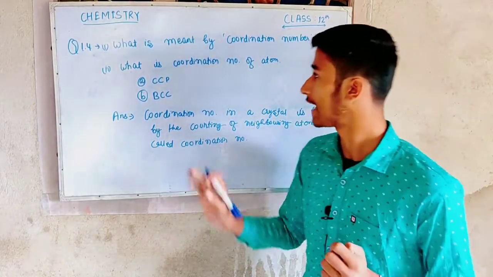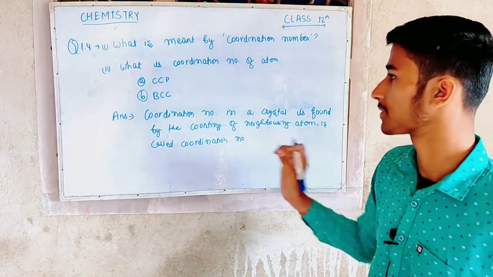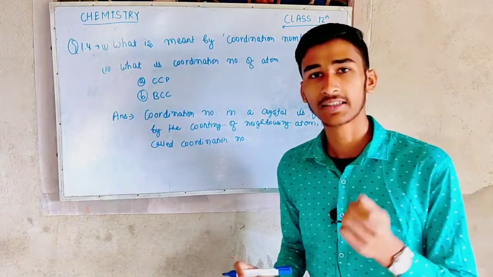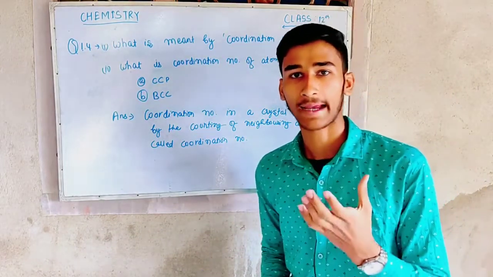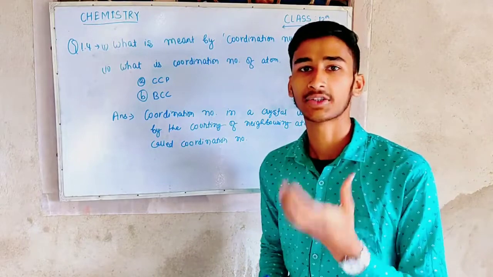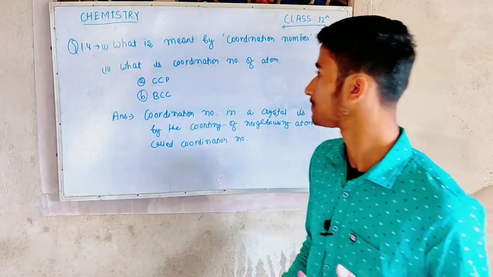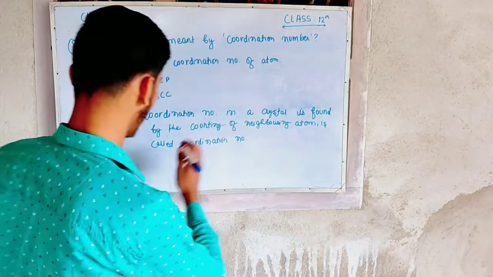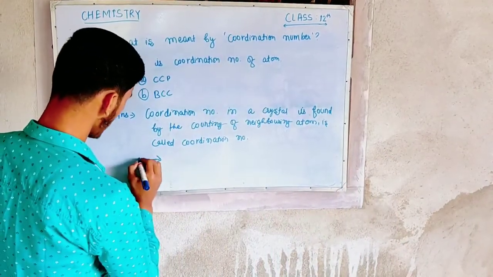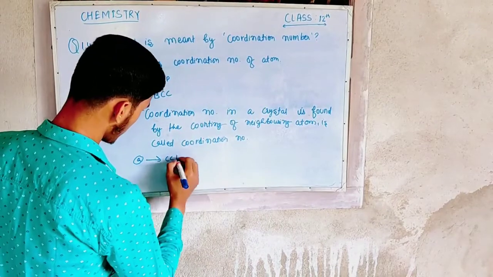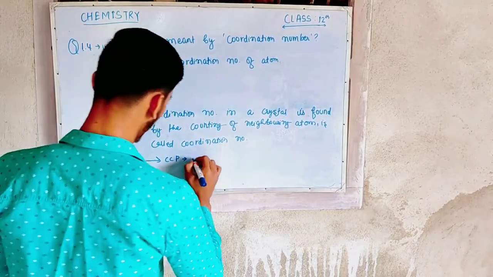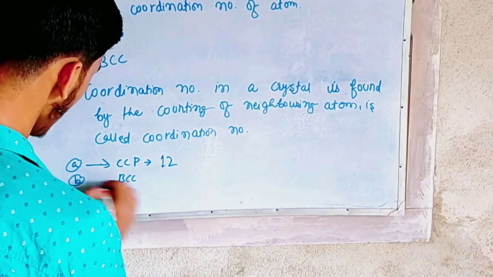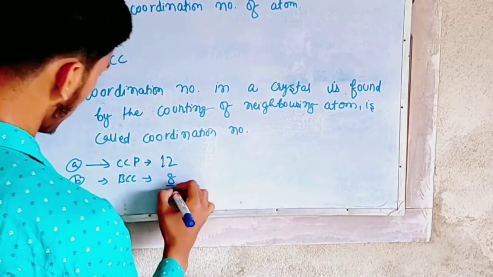And the second question is what is the coordination number of atoms in the BCC. I hope you understand what CCP is. CCP means cubic close packed, right? And BCC is body centered cubic cell. So the coordination number of CCP is 12, and the coordination number of BCC is 8.